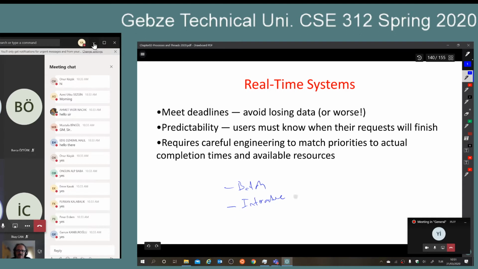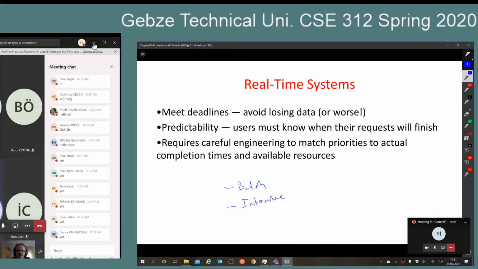For the interactive systems, it was the interactivity, quantum time, preemption, that was the important thing. For the real-time systems, it is the deadlines. Deadlines are the most important, and predictability, kind of the side effect of deadlines.